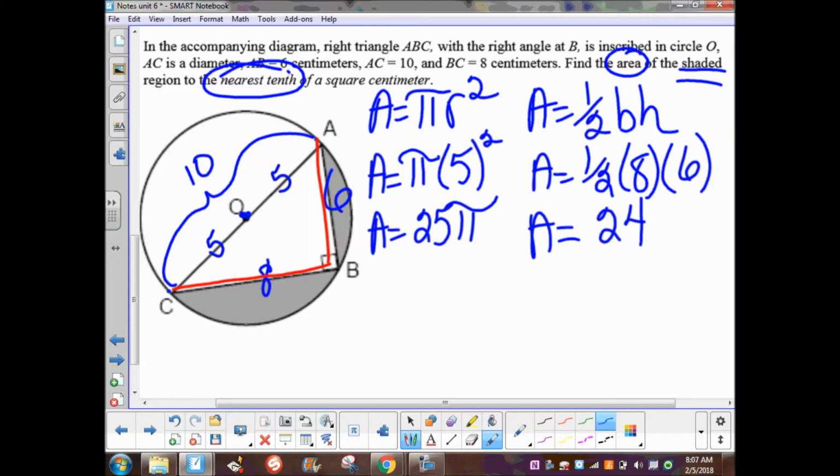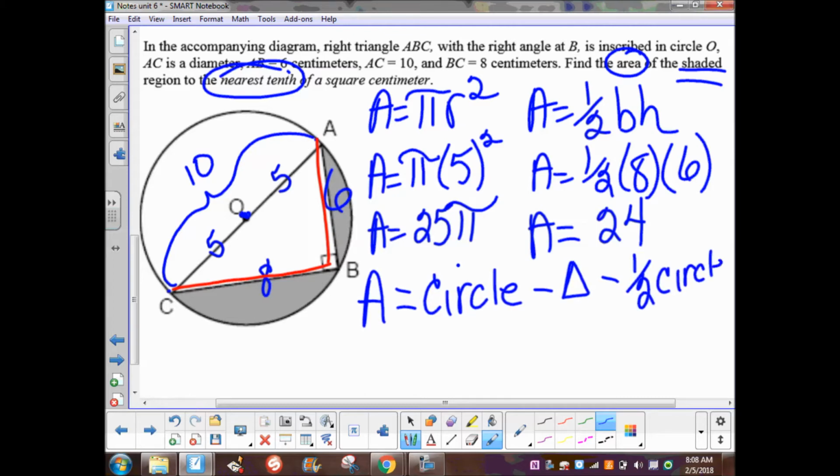So let's write it out in words. To find my area, I'm going to take the circle, take away the triangle, and then I've also got to take away the half circle to get the area of the shaded region. Does that make sense? Okay.